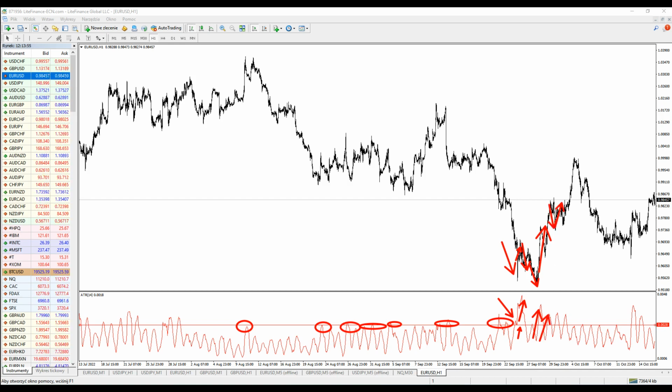So again, it's not a holy grail. The ATR is showing that we might see above average daily market moves.